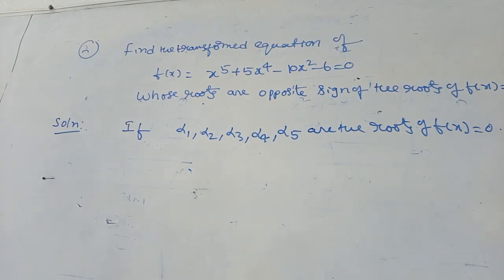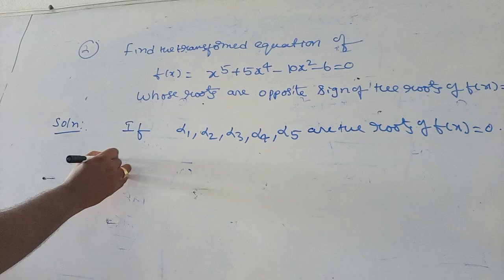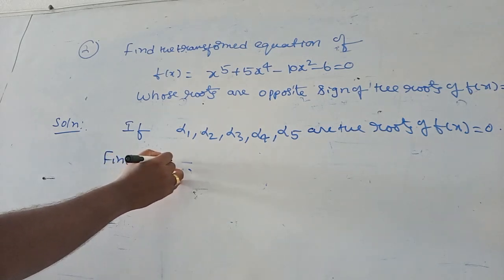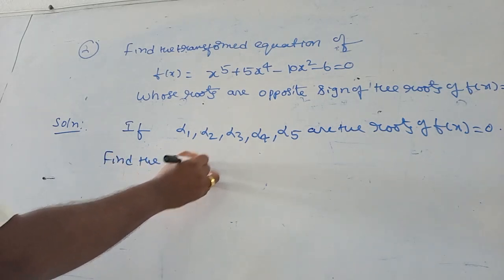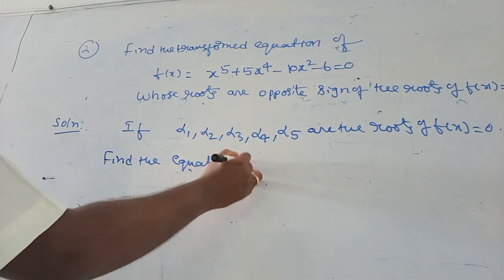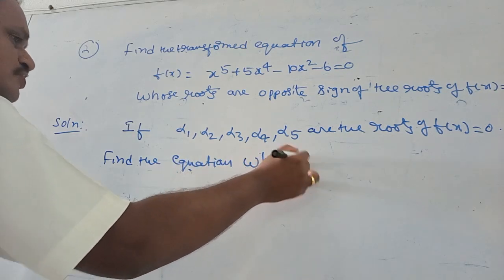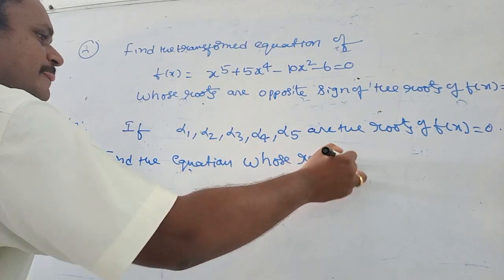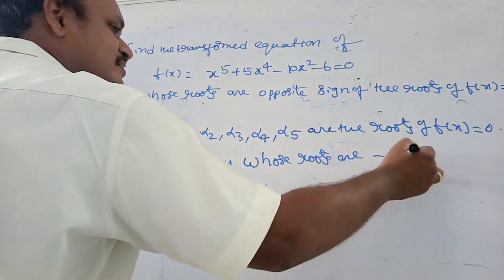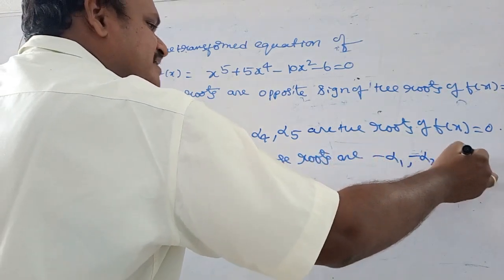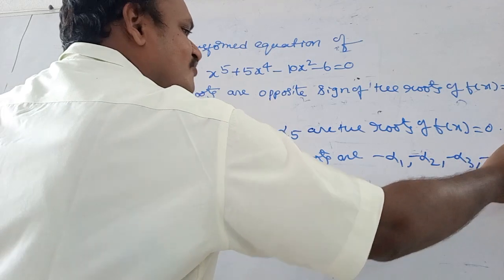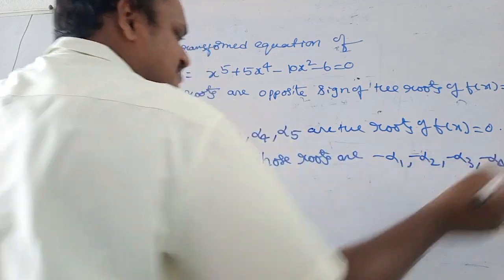Now they are asking to find the polynomial equation whose roots are minus alpha 1, minus alpha 2, minus alpha 3, minus alpha 4, minus alpha 5.